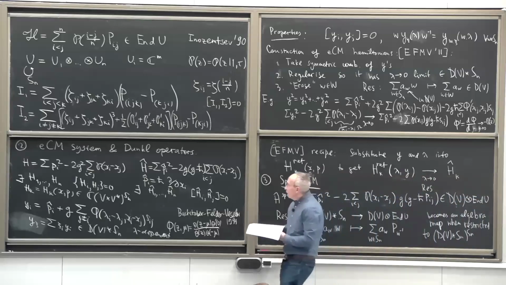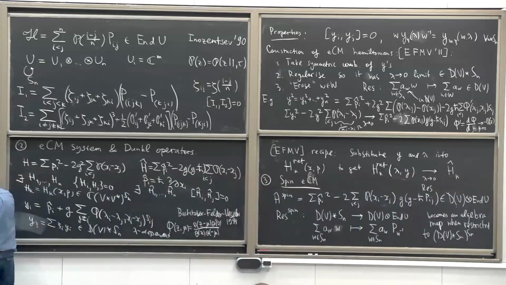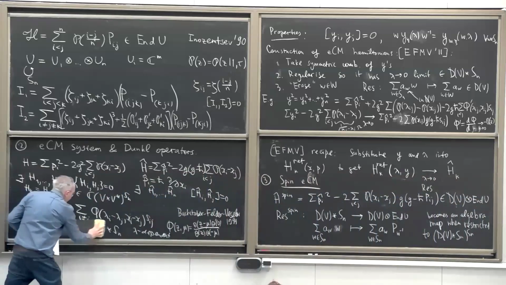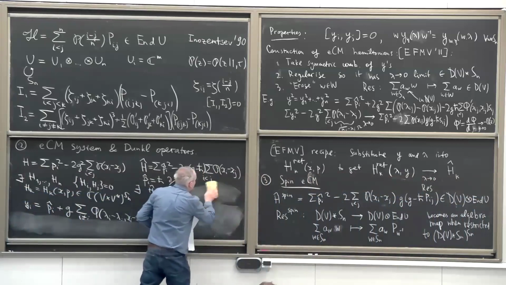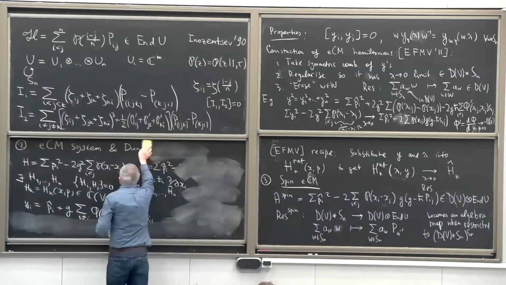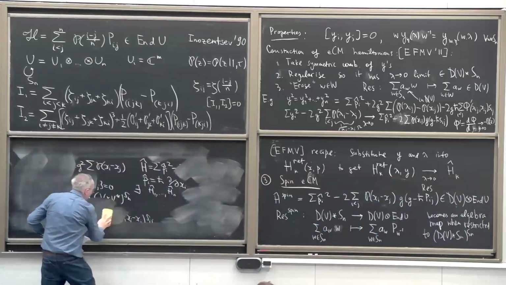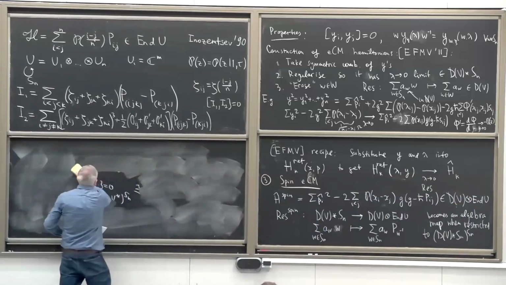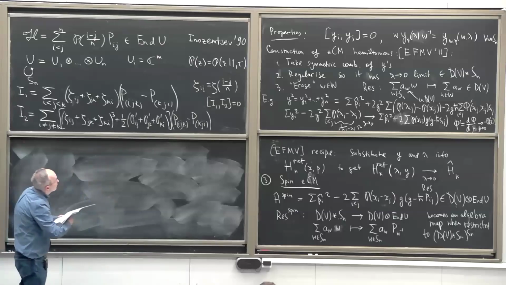All right, so now the question is how to find the combinations that work. Of course you can take the same combination as in Etingof-Felder-Ma-Veselov. So you can take just a regularized symmetric combination of y's and apply that.